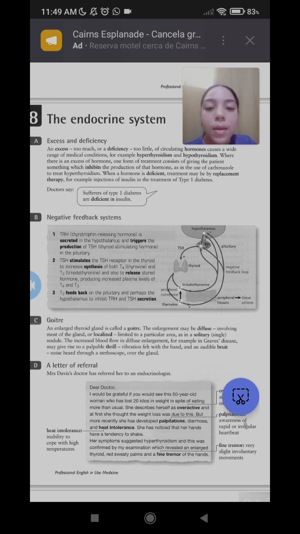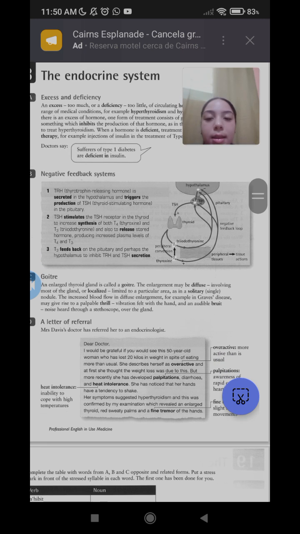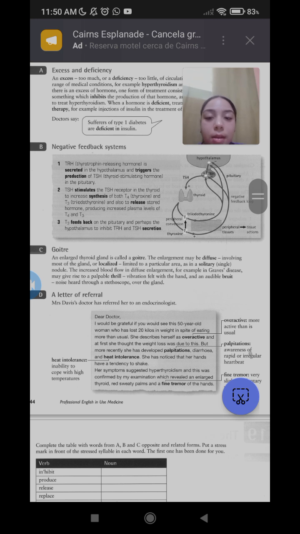One form of treatment consists of giving the patient something which inhibits the production of that hormone, as in the use of carbimazole to treat hyperthyroidism. When a hormone is deficient, treatment may be by replacement therapy, for example, injection of insulin in the treatment of type 1 diabetes. Doctors say sufferers of type 1 diabetes are deficient in insulin.